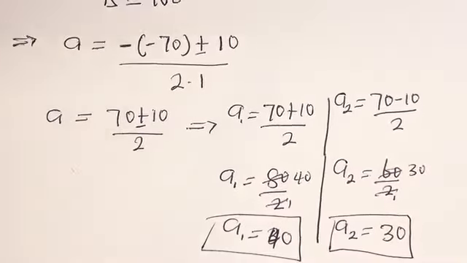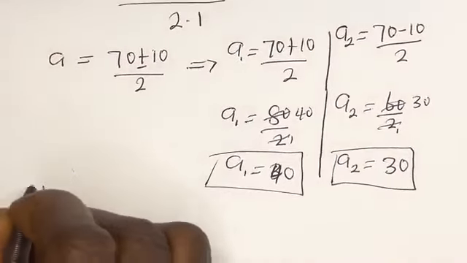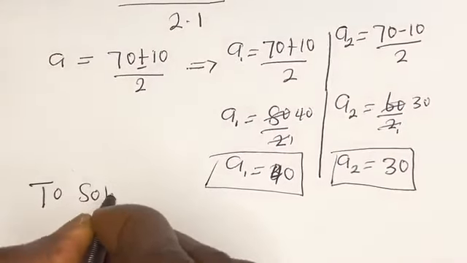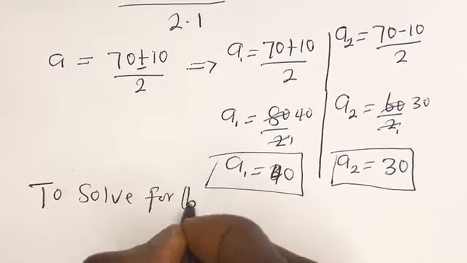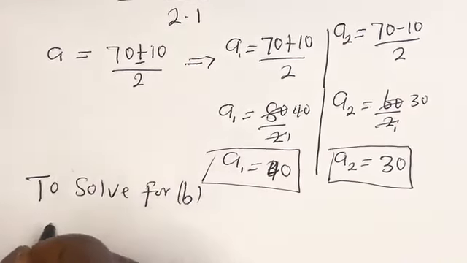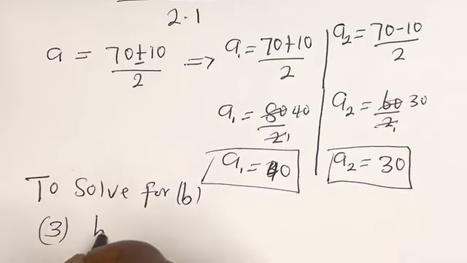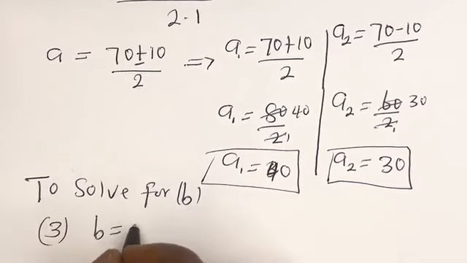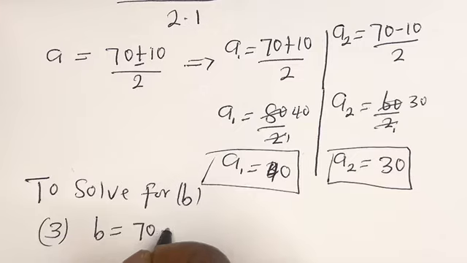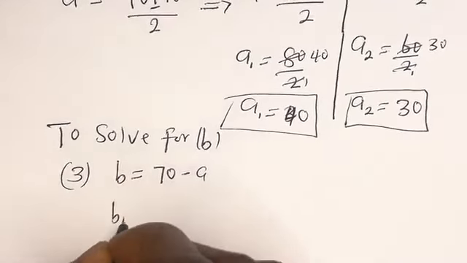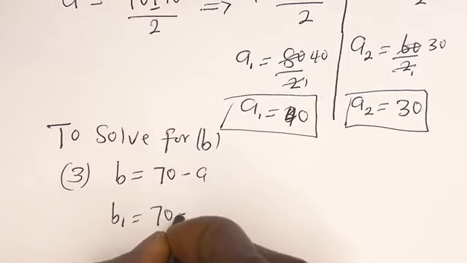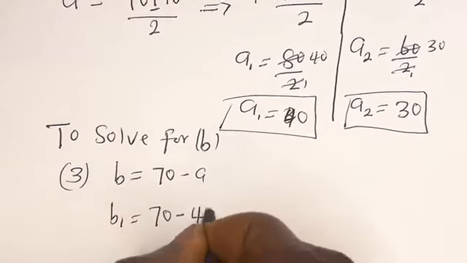Let us solve for B1 and B2. To solve for B, from equation 3, B is equal to 70 minus A. B1 is equal to 70 minus A1, which is 40.